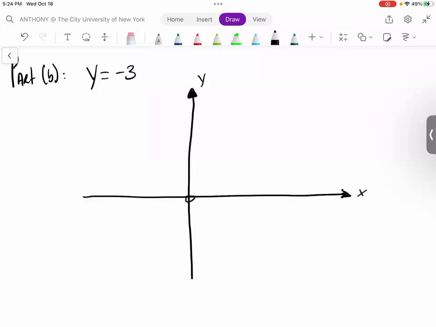So here's 0, 1, 2, 3, 4. So I know that would be the vertex. Then -1, -2, 1, 2. So these were some intercepts for 4 minus x squared.